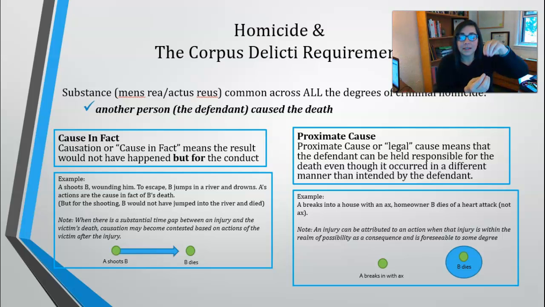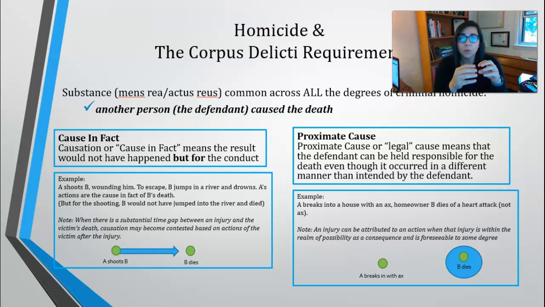But because that moment happened, that's what caused B to flip himself over into the river and drown. So we can make a direct path from the drowning back to the point where the action happened, where A shot B.